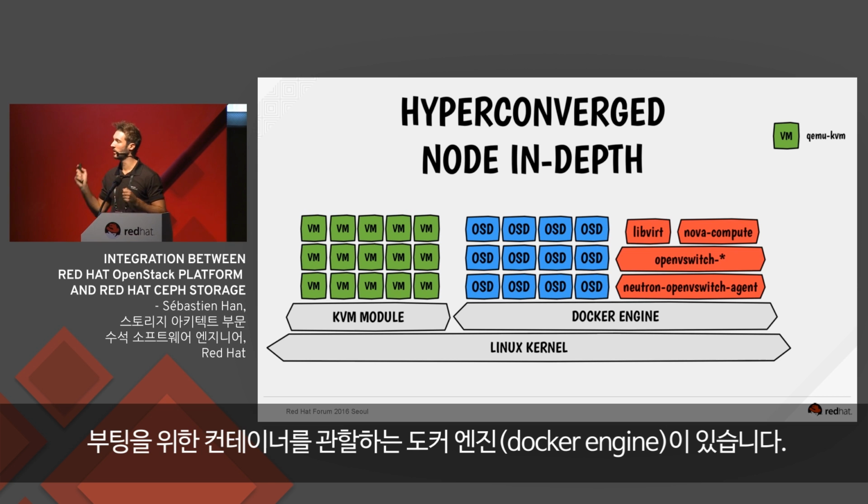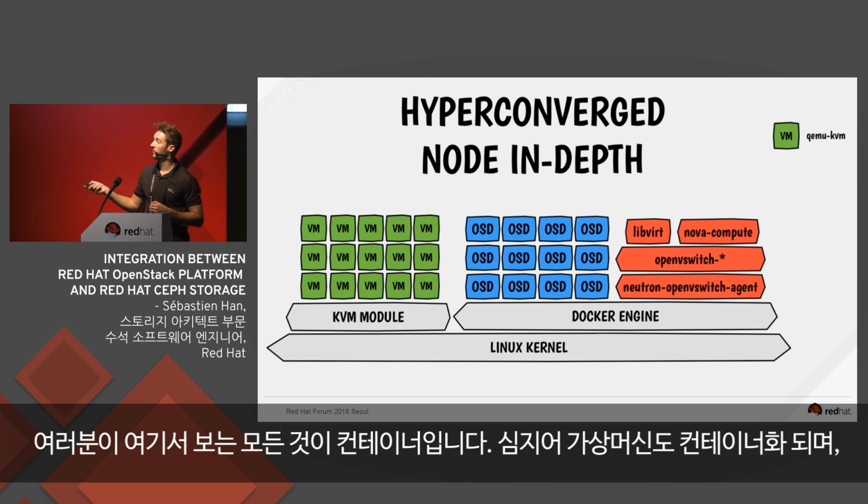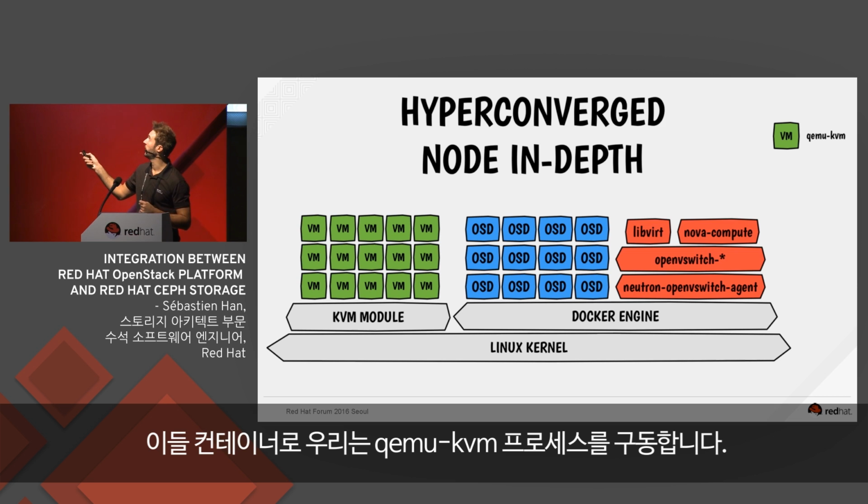Then we have a Docker engine responsible for bootstrapping containers. And as you can see, all of the Nova processes from OpenStack and all of the Ceph processes are being containerized. Everything that you see here is a container. Even the virtual machines are being containerized, and within those containers, we have the QEMU KVM process running.